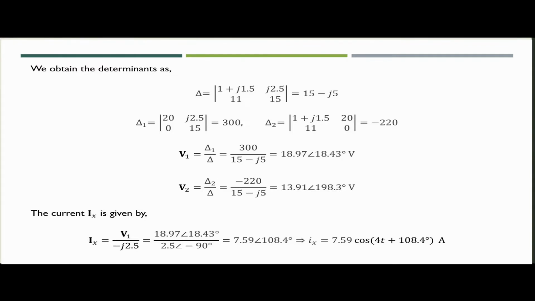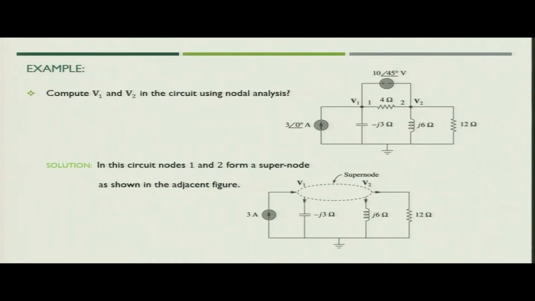So, what we will do? We will put the value of V1 in the expression and we simplify, we get the value of Ix as 7.59 angle 108.4 degree.